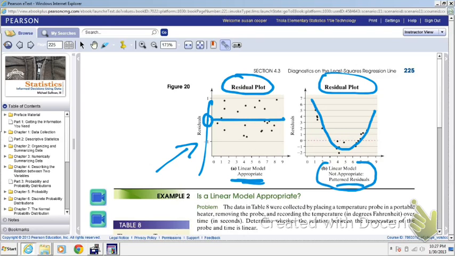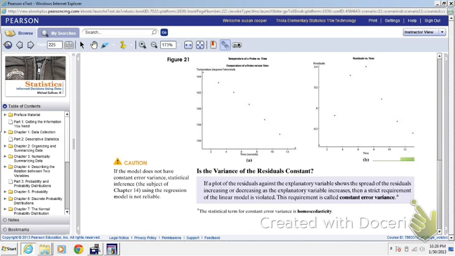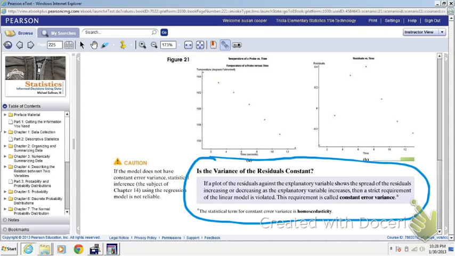A little bit more in terms of terminology here. Let me turn the page. Okay, so I moved to the next bluish box in our book, and again, I'm just pulling these boxes because they're so important. It says, is the variance of the residuals constant? If a plot of the residuals against the explanatory variable shows the spread of the residuals increasing or decreasing as the explanatory variable increases, then a strict requirement of the linear model is violated.